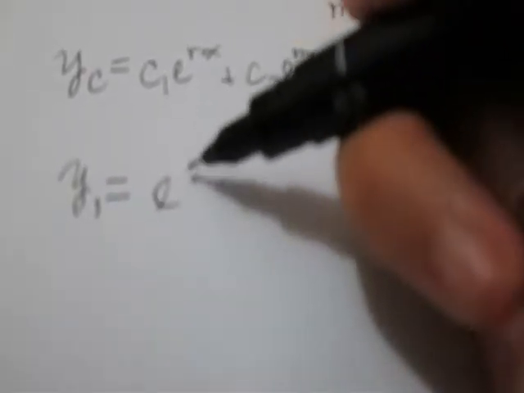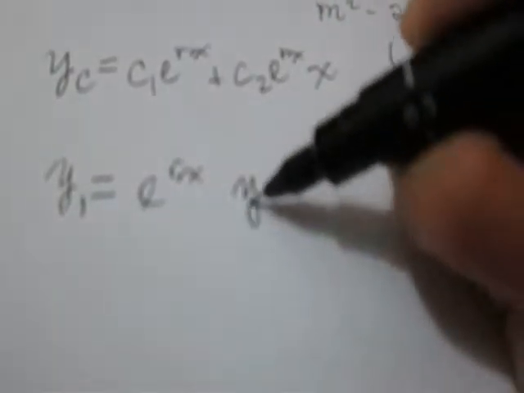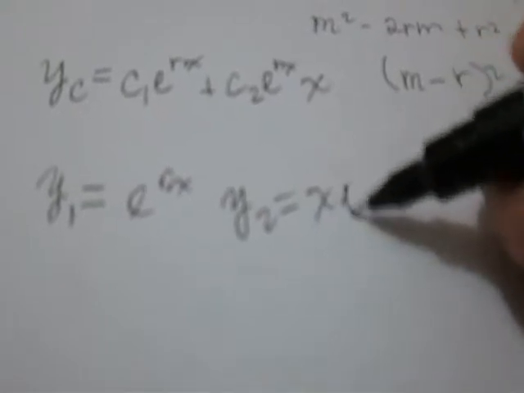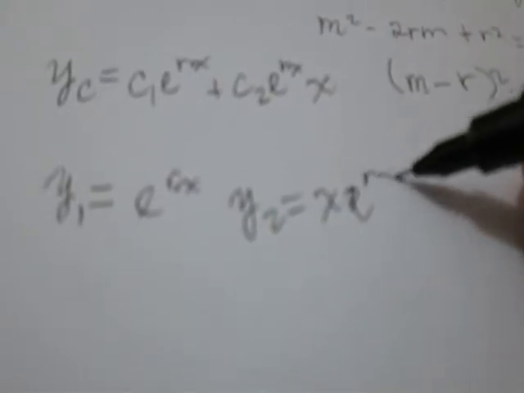And from this complementary equation, we can now get our y1, which we will use for our particular integral: y1 is e to the power of rx, and y2 is x e to the power of rx.